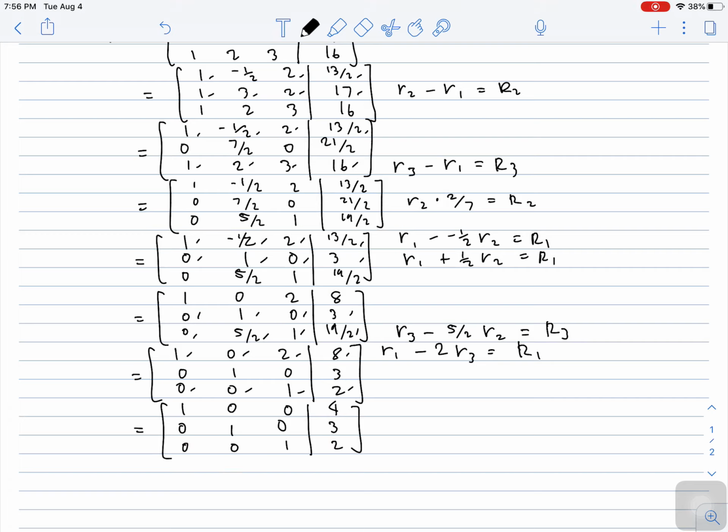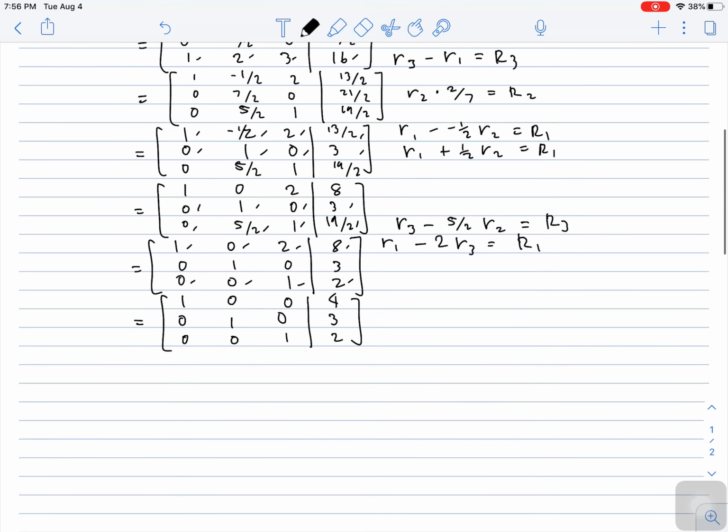Okay, so since this is now an identity matrix, this is now our solution vector. We can say that in the first row, we can start in any row because we can solve it right away. Since the coefficient of x is 1, it is x, plus 0y plus 0z, is just equal to 4. Or x is just 4.